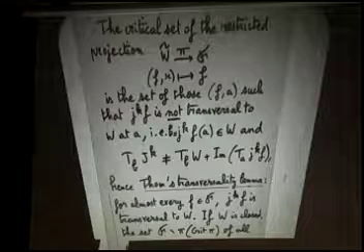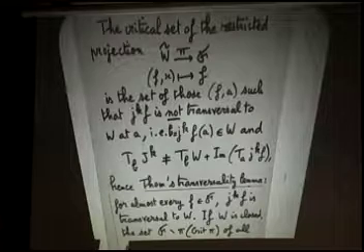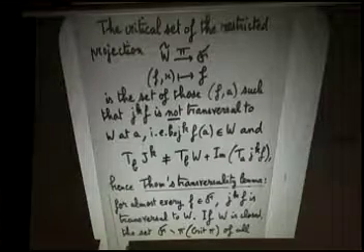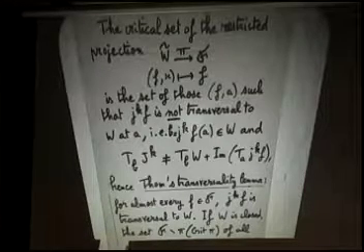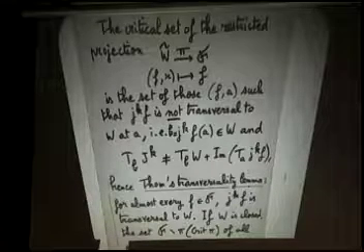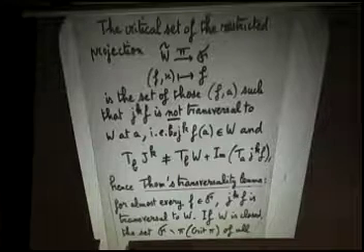And so what happens is that the critical set of the restricted projection of this W tilde onto the function space is the set of those points (F, a) such that the kth jet of F is not transversal to W at a, which means two things.